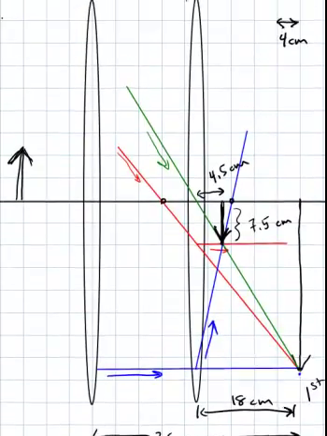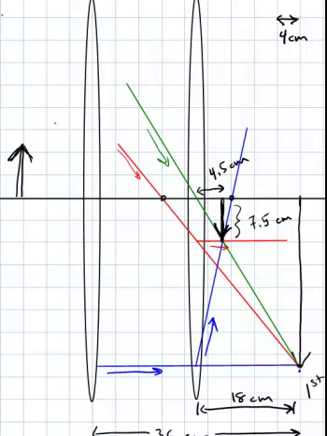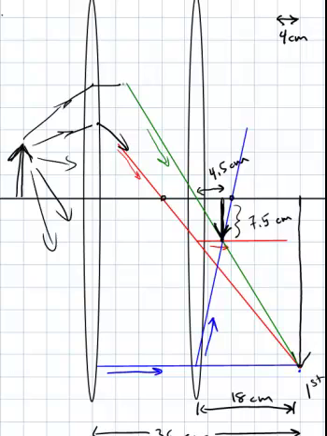So just to recap, we had light coming from our original object. That light got diverted like that. That light got diverted and was heading toward this point where we're calling our first image.